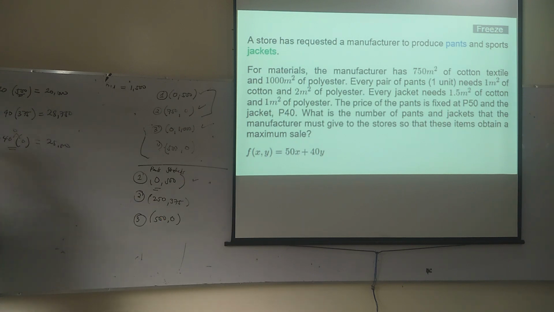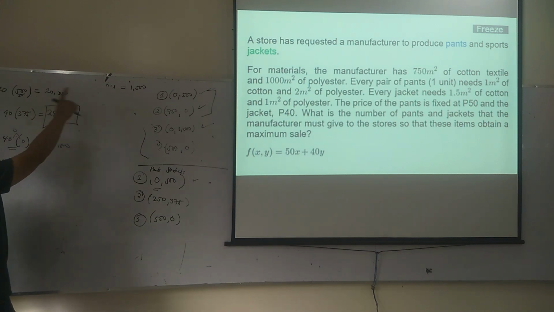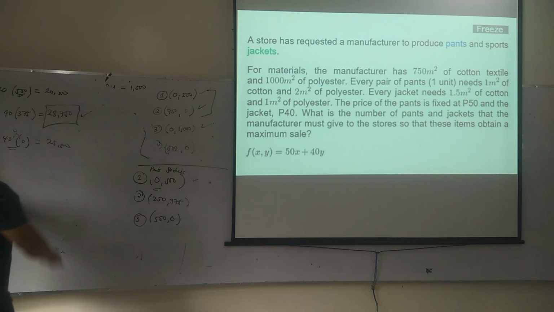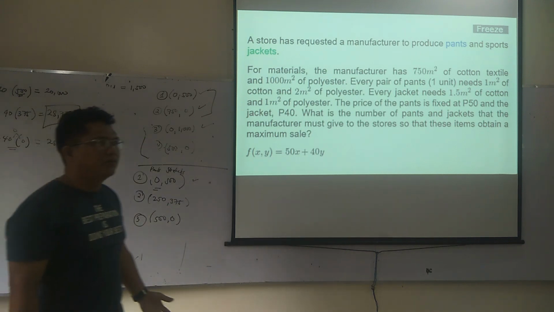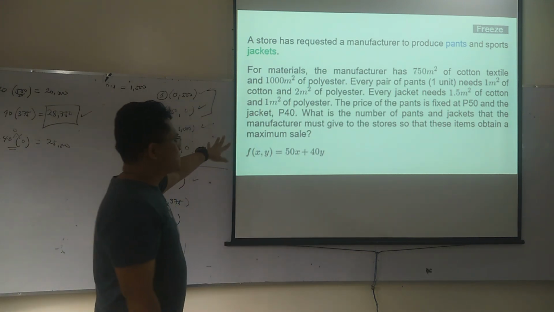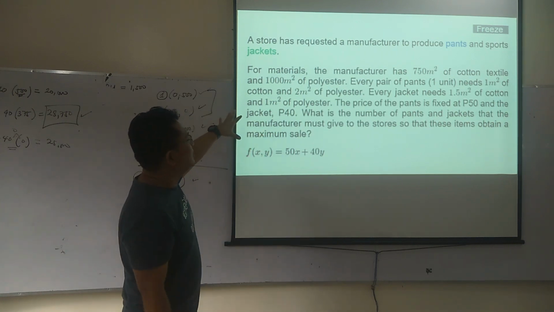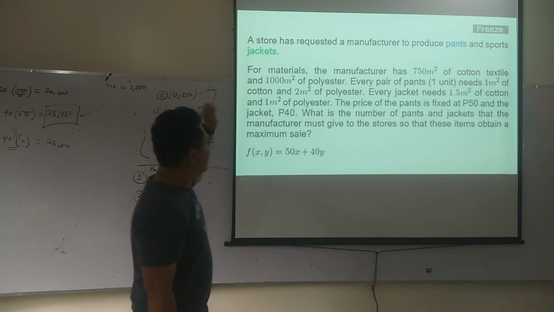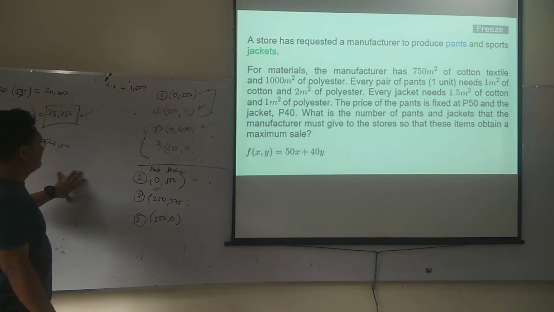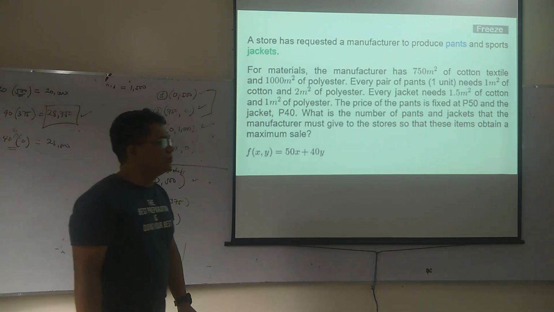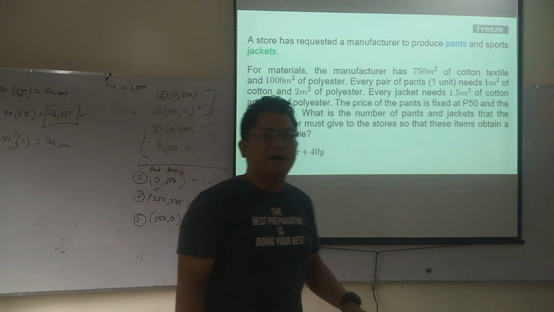So that means the combination out of the graph that we created, the 250 pants, 375 jackets will give you the best or the maximum sales out of the limitation that you only have 750 cotton and 1000 polyester. So that's how we do linear programming by graphing.